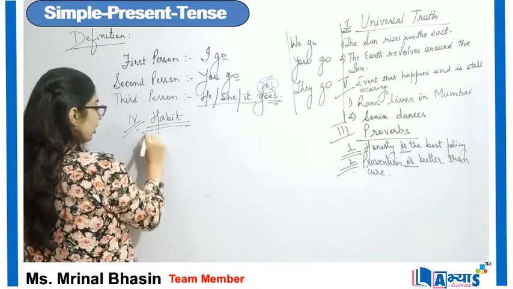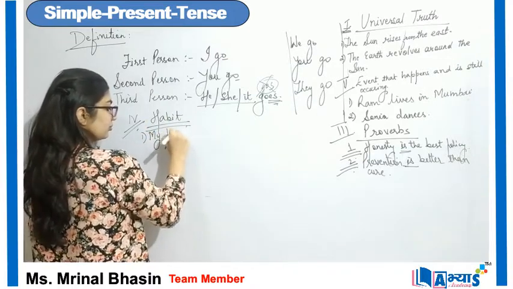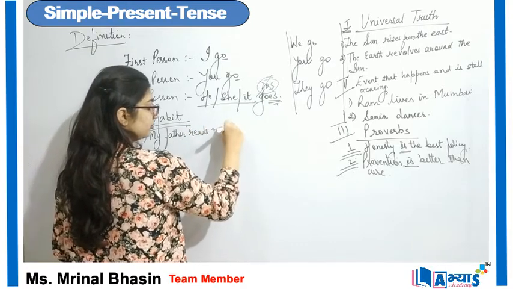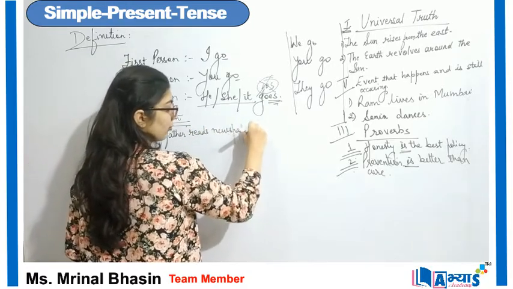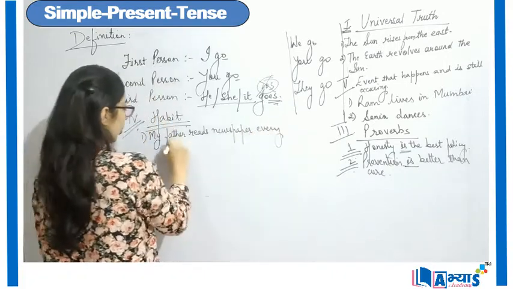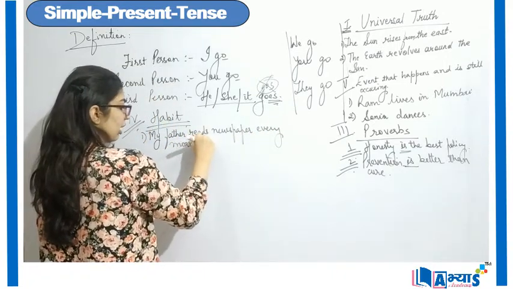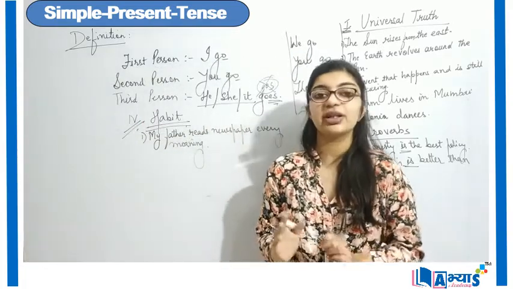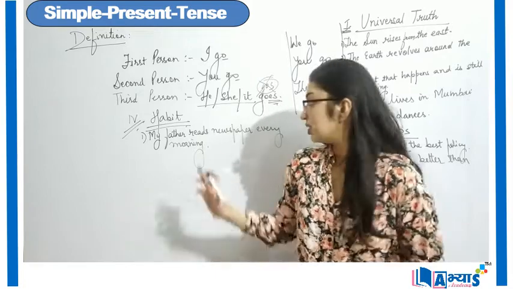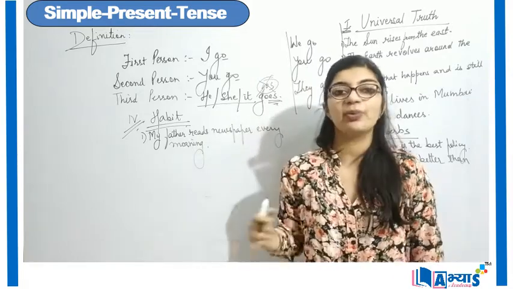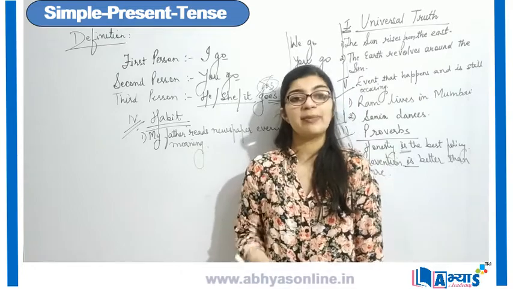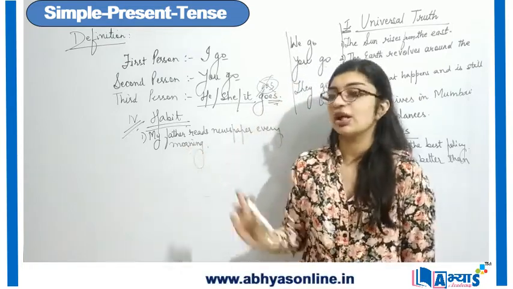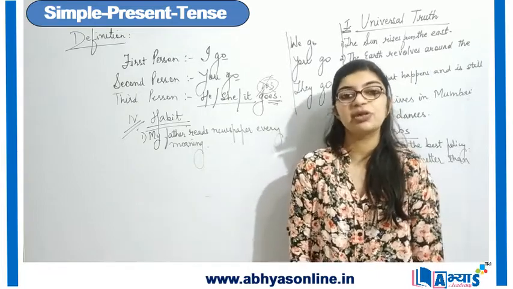For example, my father reads the newspaper every morning. Now, this indicates the habit of my father of reading the newspaper every morning. So, this indicates the habit, and whenever you describe some habit of a person, if the habit is still in continuation, it is always represented in simple present form.